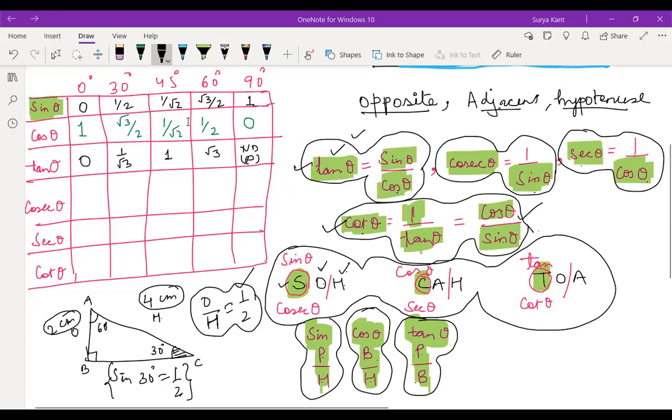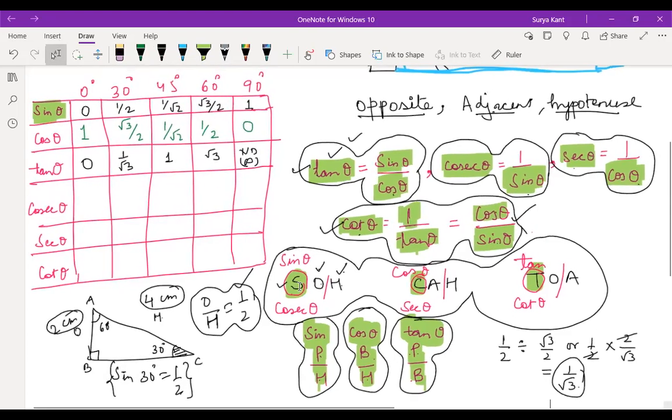So 1 by 2 divided by root 3 by 2. We can write 1 by 2 multiplied by 2 by root 3. The 2 will get cancelled and we get 1 by root 3. Tan theta is just the ratio of sine and cos.